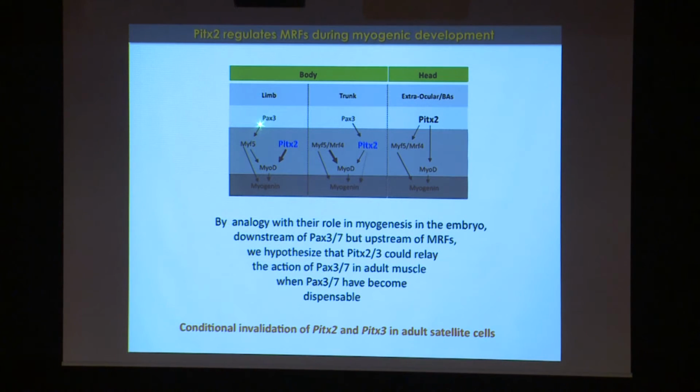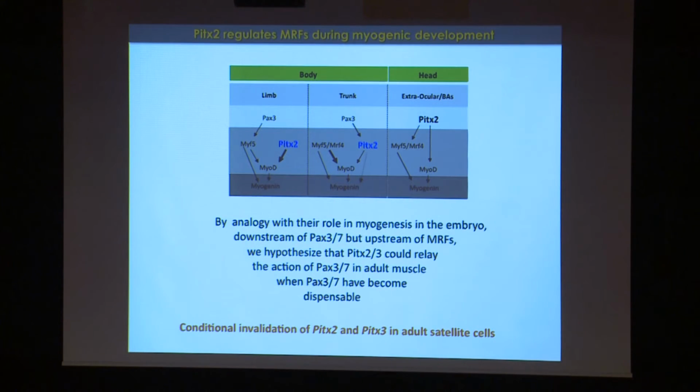They are downstream of the PAX genes, at least in trunk muscles and limb muscle development, but upstream of MRF genes, like myogenin in this case. And a very interesting situation in the head. The head muscles have a different origin than the trunk and limb muscles, and the PITX2 gene is occupying the position of PAX3 in these muscles.